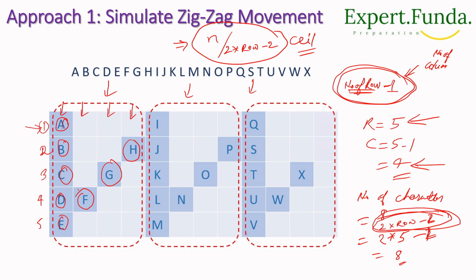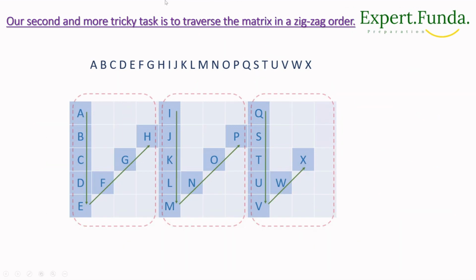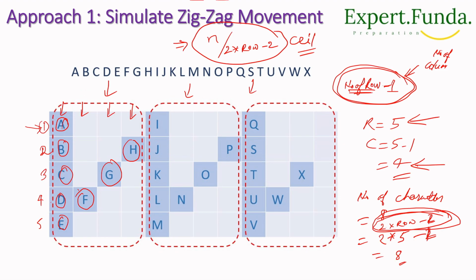So each section will have the number of rows minus one columns, and for each section we will multiply, right? Let me write here. For each section we have the number of rows minus 1 columns, which we have seen already, and we have the number of sections.